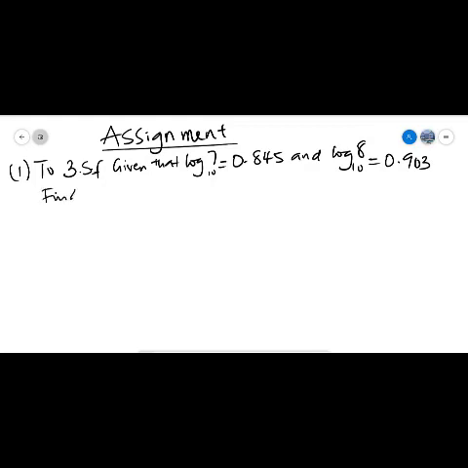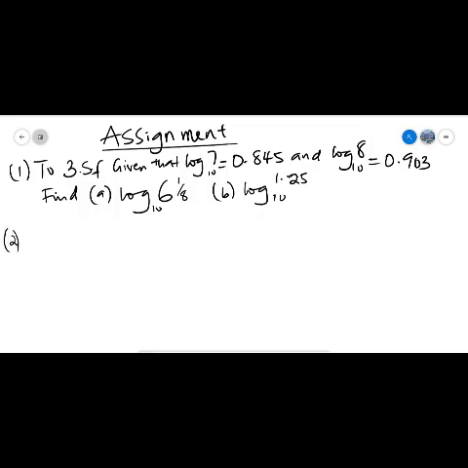Find A, log 6 whole number 1 over 8 base 10. B, log 1.25 base 10.